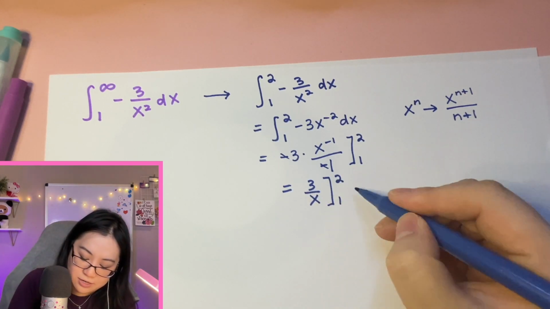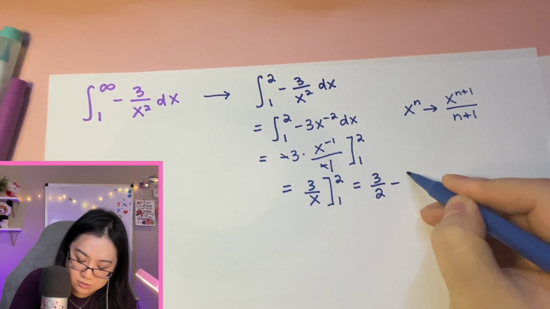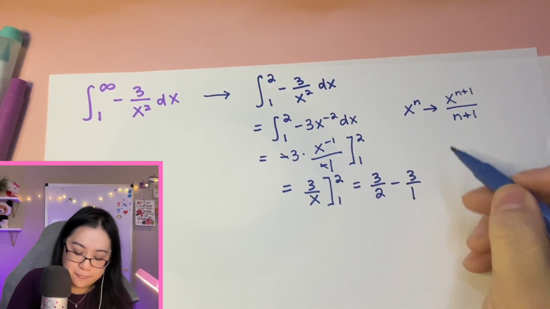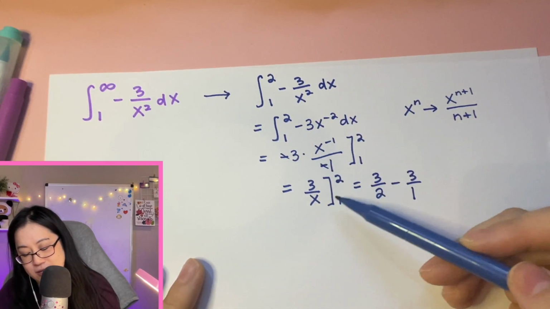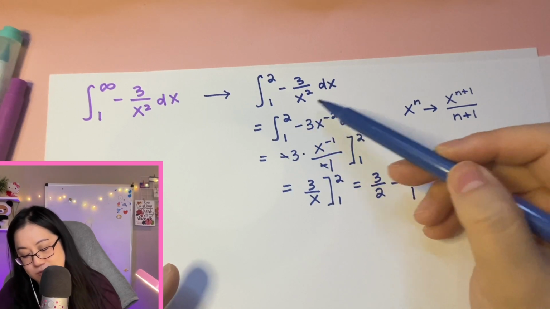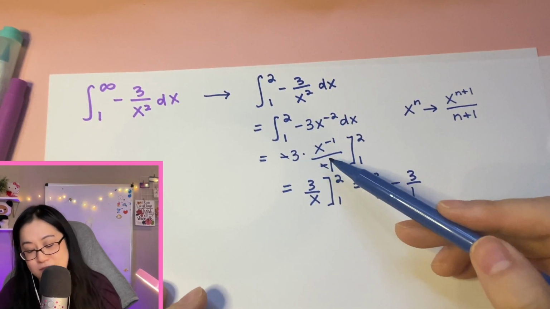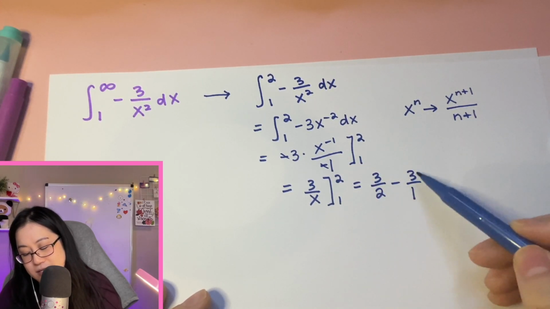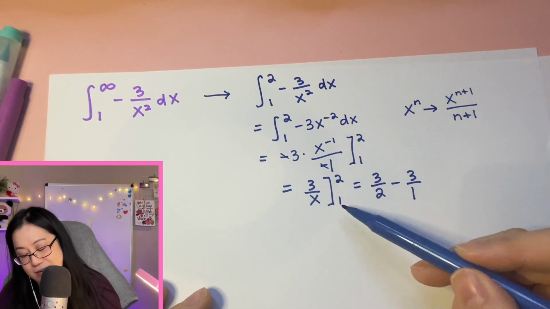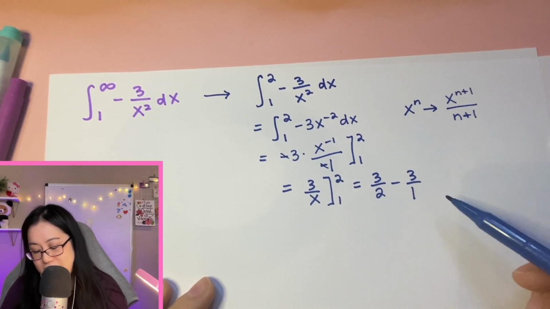So here I would get 3 over 2 minus 3 over 1. And if your function happens to be more complicated, that's okay, as long as you can find this antiderivative, plug in the upper bound. Everywhere you have x, put in that 2, and then minus, and then put parentheses, and then put a 1 everywhere you have an x, and then simplify.